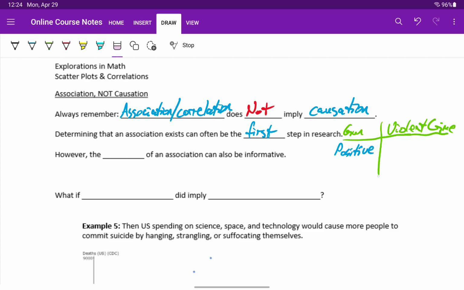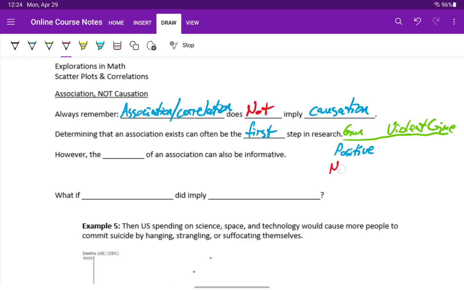So that would tell us that as gun ownership increases, violent crime rate also increases. That could be an important thing. That could be a cause and effect relationship. But more research would have to be done to understand that.